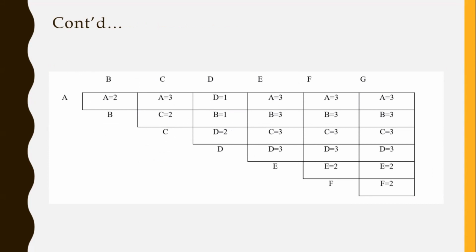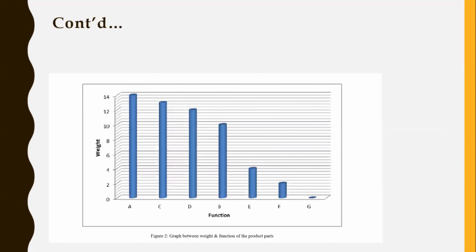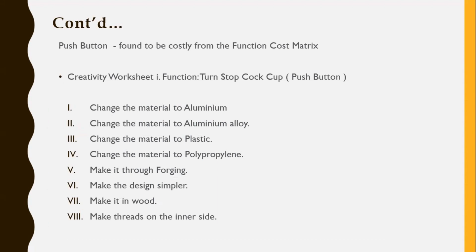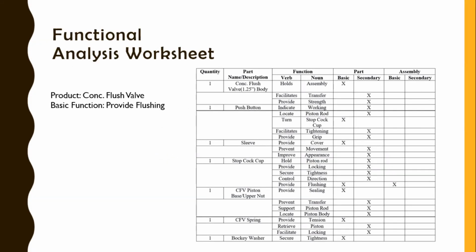Okay, so we have done that evaluation of the functions, right? So we decide the push button is found to be costly from the function cost matrix. We didn't take the flush valve. Why? It's a basic function, so it is essential.